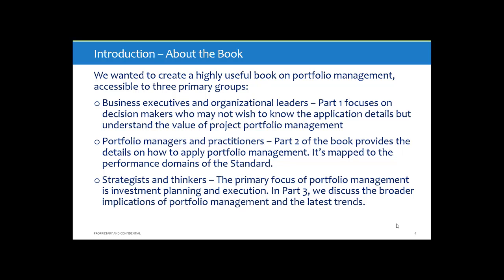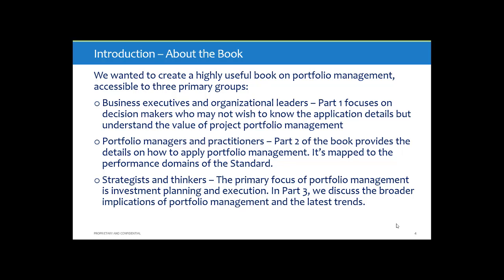Part 2 is written for the portfolio managers and the practitioners. This is mapped very closely to the standard, literally chapter by chapter, and it provides the detail on how to do portfolio management. Last are the strategists and the thinkers.